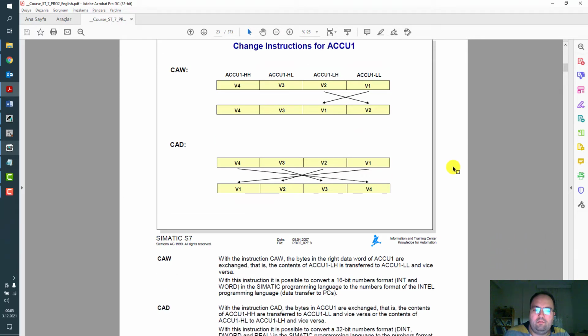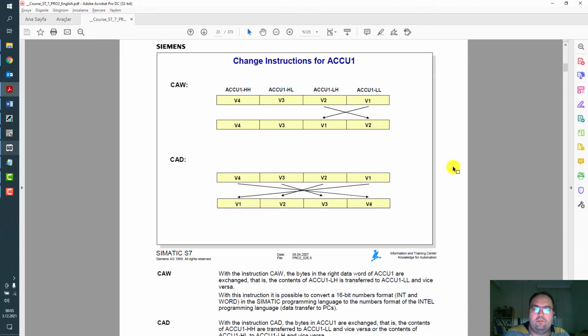Another very commonly used instruction is change word order, or exchange bytes of accumulator 1: low low, low high, high low, and high high bytes. There are 4 bytes. The change word instruction affects the first 2 bytes, that means the low side.